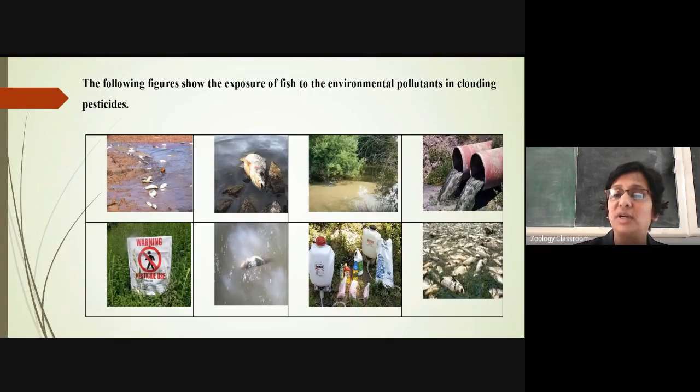And in the last figure, the death of many fishes takes place because of the effect of pesticides. Sometimes the dose is very acute and immediate death takes place, and sometimes the dose is small but continuous exposure to pesticides also causes lethal effects in fish.